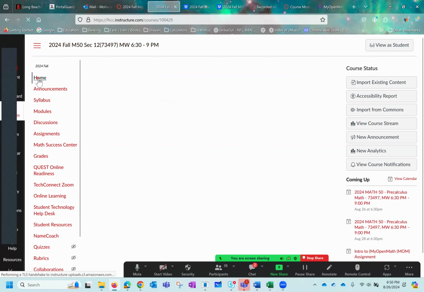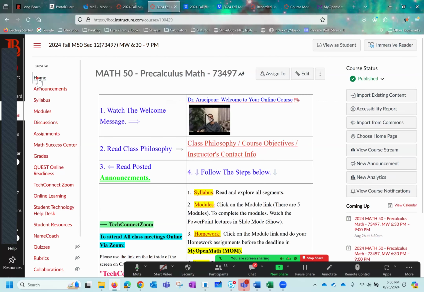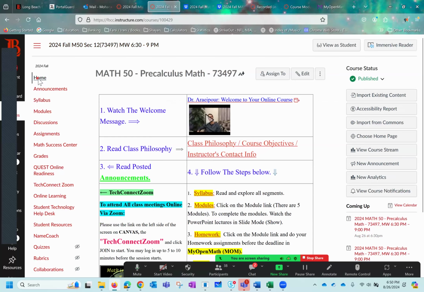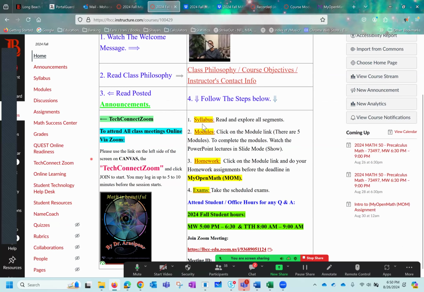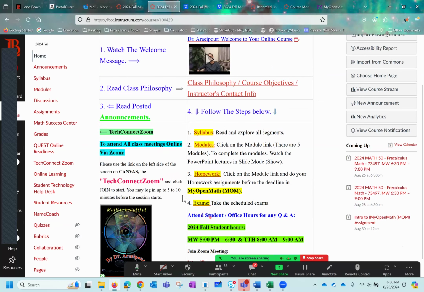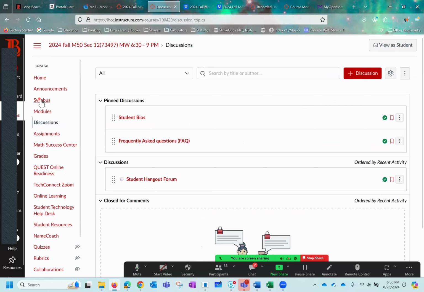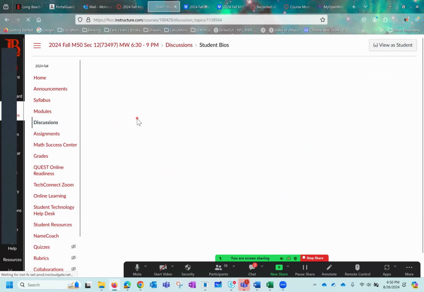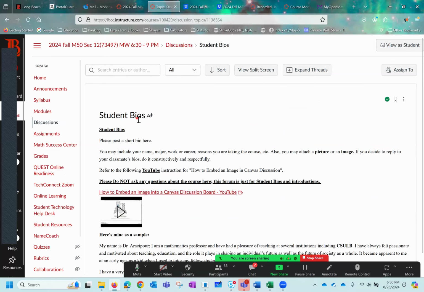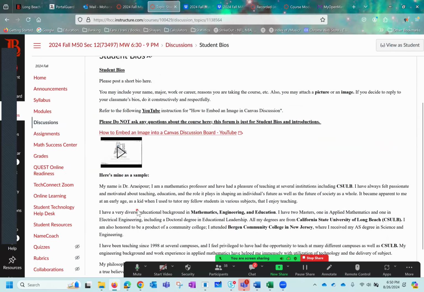I want to go back to the home page of Canvas. So we covered the syllabus. Basically, we have the modules we want to cover. And also on the left side, I want to cover the discussions. We have the student bios. I put mine as an example.